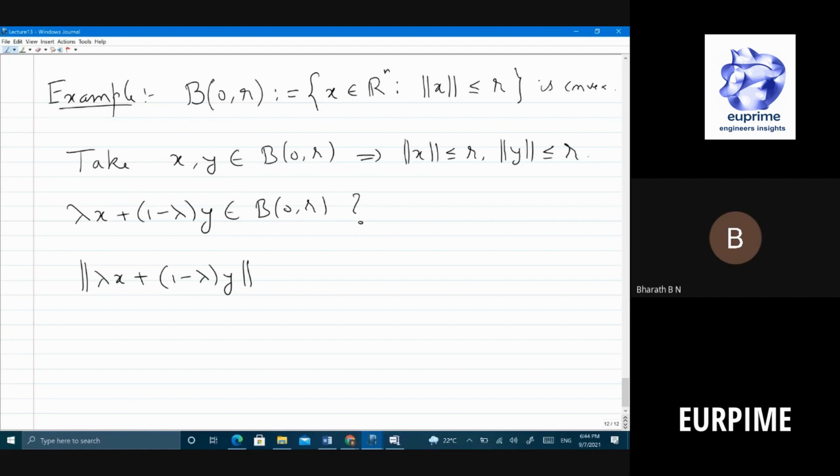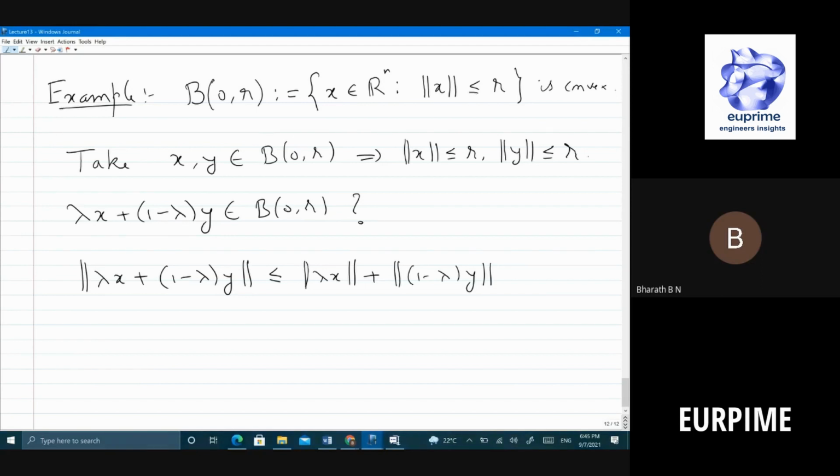So how do I show that? How should we show that this is less than or equal to r? Triangle inequality, because it's true for any norm, I need not worry about which norm. So I'll have norm of u plus v is less than or equal to norm of u plus norm of v. Remember, lambda is a scalar and x is a vector. So what is the next step?